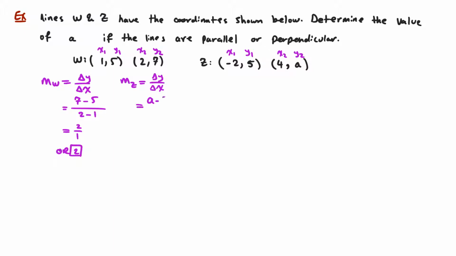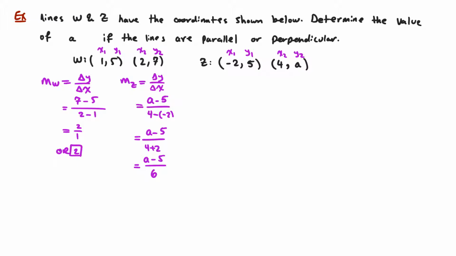My y1 is 5, my x2 is 4, and my x1 is -2. So I'm just going to simplify this as much as I can. I get A minus 5, and 4 minus -2 is the same as saying 4 plus 2. So this will end up equaling (A - 5) over 6.